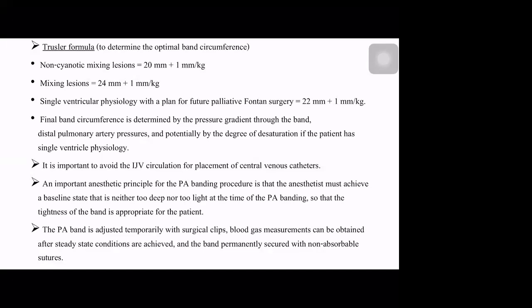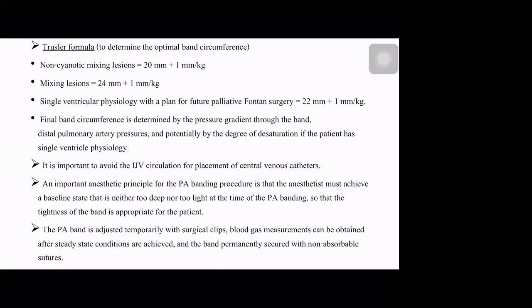Now, the final band circumference is determined by the pressure gradient through the band, distal PA pressure, and potentially by the degree of desaturation if the patient has single ventricle physiology. It is important, if you require to place a central venous catheter, not to use the IJV; use the femoral vein. Why? Because when you are placing the PA banding, definitely in future you will go for single ventricular physiology.